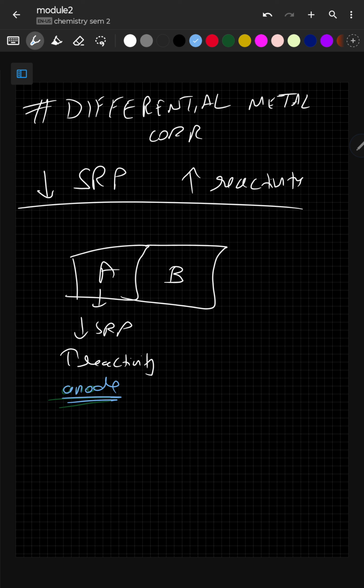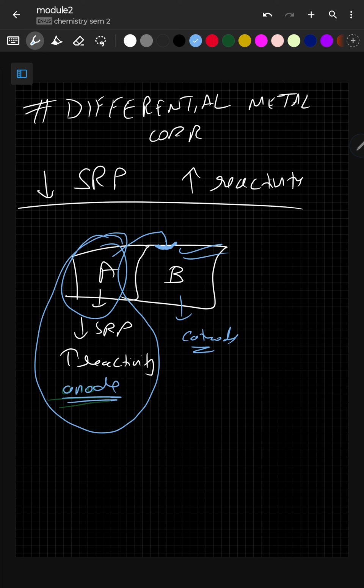So this will undergo corrosion, and this metal will obviously have more SRP, so it acts as the cathode and will remain safe. It will not undergo corrosion. So what we are trying to do is attach a metal with lesser SRP to a metal like this, so that this will undergo corrosion but this will remain safe.